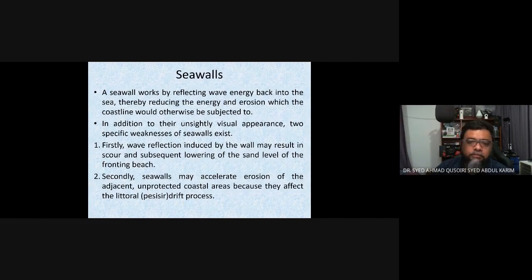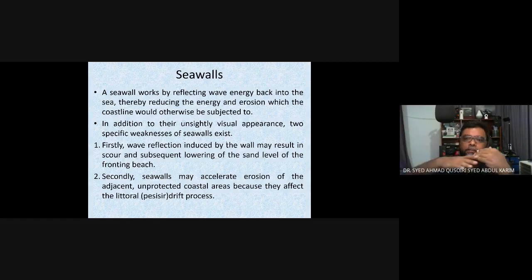If the full brunt of the energy from the waves is being reflected back at 100% to the sea, this may cause the soil in front of the seawall to be more eroded. Okay?